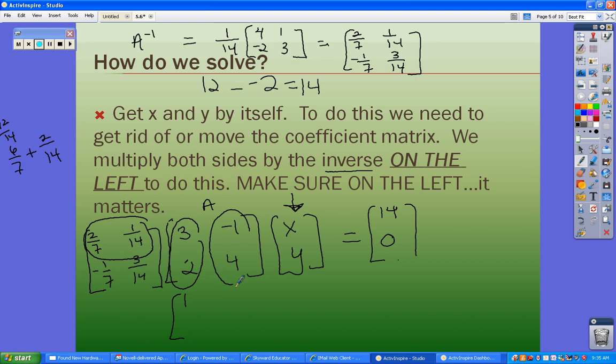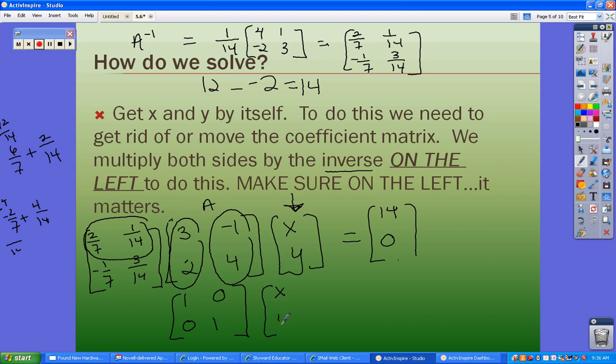Take it times this guy, and I got negative 2/7 when I multiply, plus 4 over 14. That would be 4 over 14 negative. Those cancel out and I get 0. And I'm going to get 0, 1 down below. I could show you, but I'm confident I did that right.